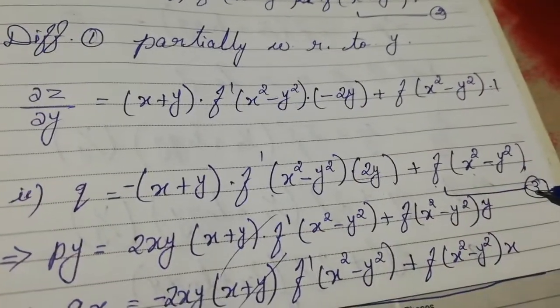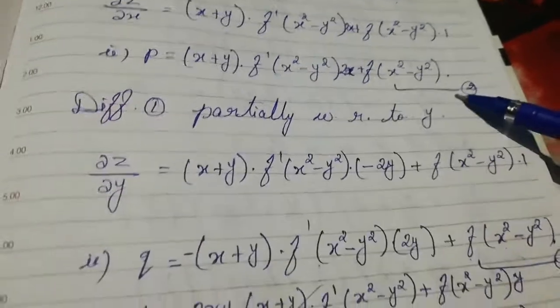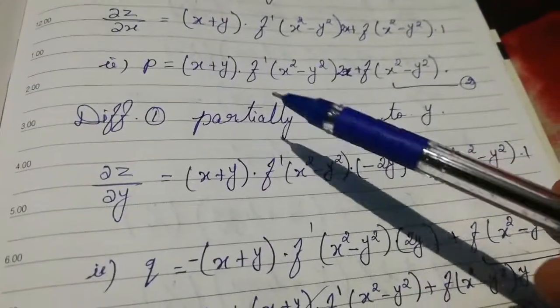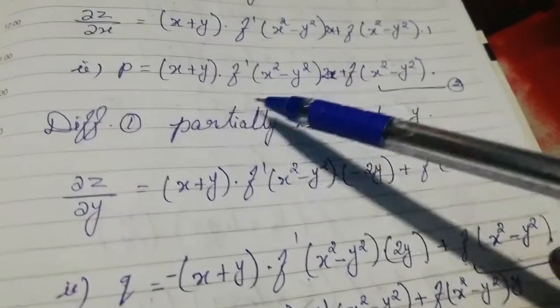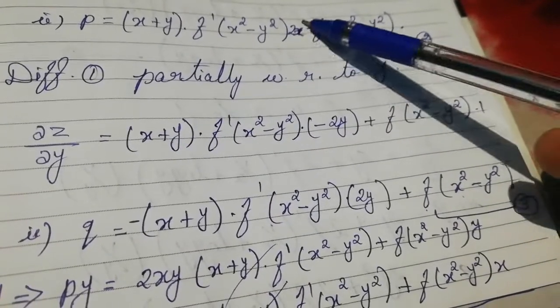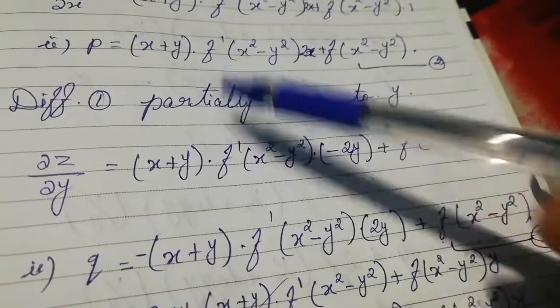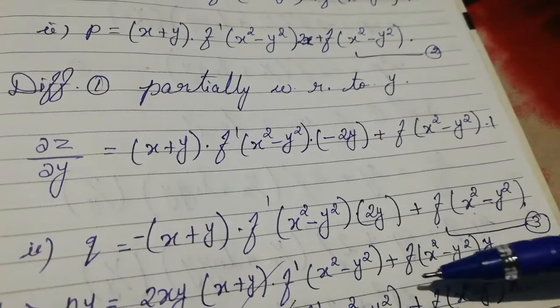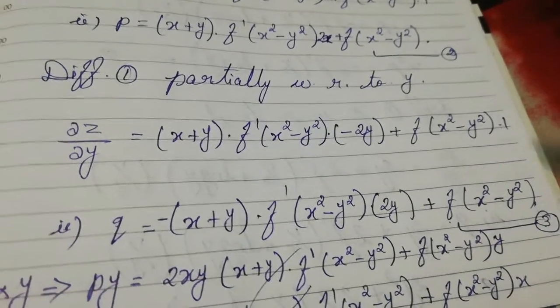Next, what we do? This is the second equation, and this is the third equation. We multiply the second equation by y. So what we get? Py is equal to 2xy into (x plus y) into f dash of (x square minus y square) plus f of (x square minus y square) into y. Okay.